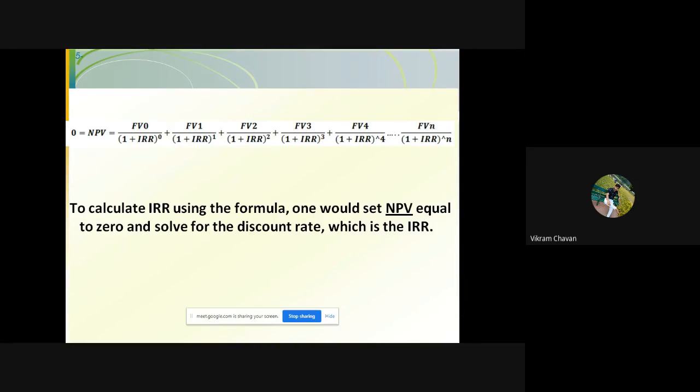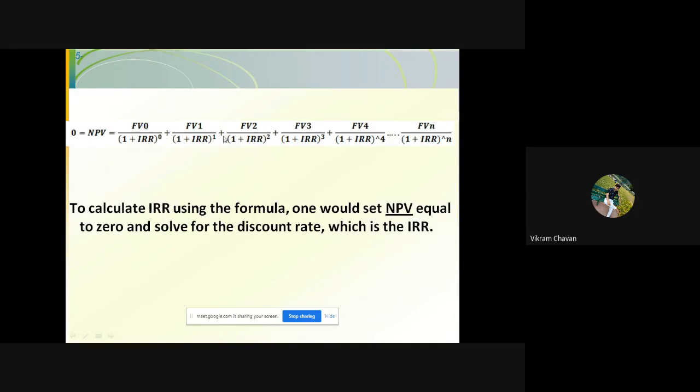Here FV0, FV1, FV2 are the benefits which that particular company acquires in that particular financial year, and IRR is the internal rate of return, when NPV is equal to zero.